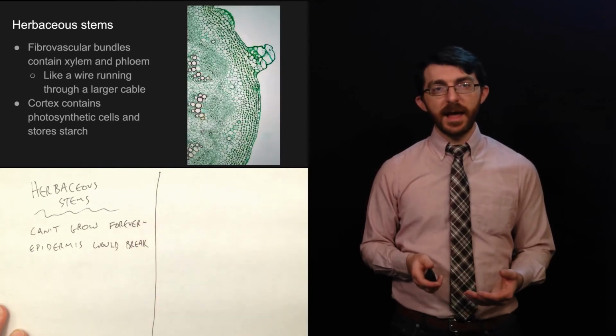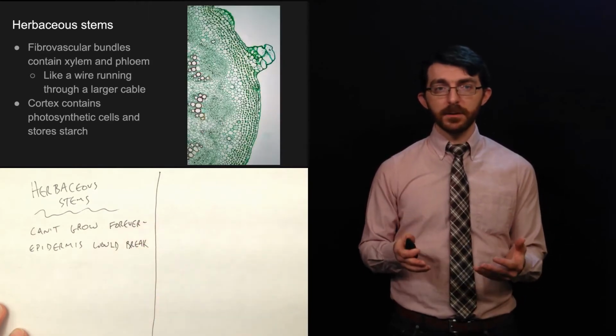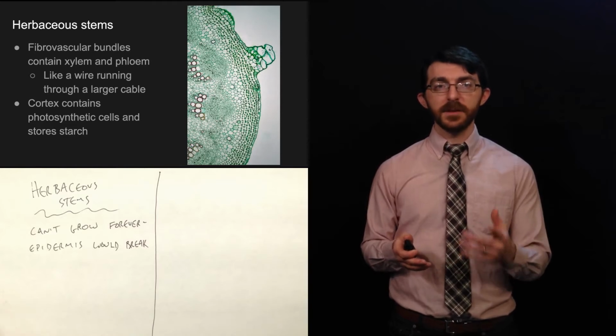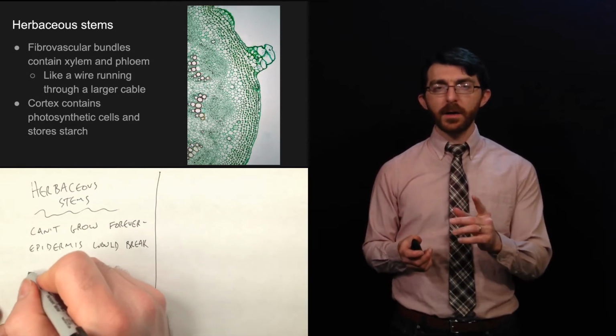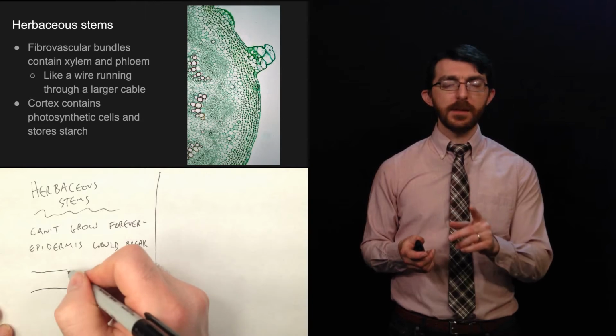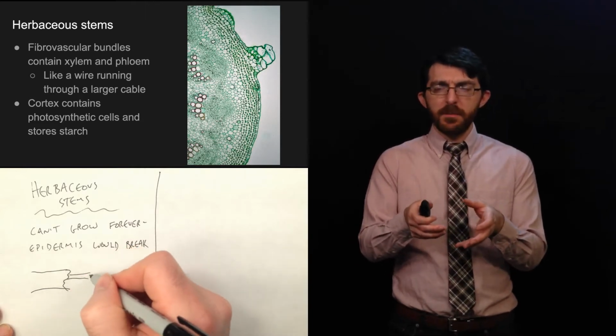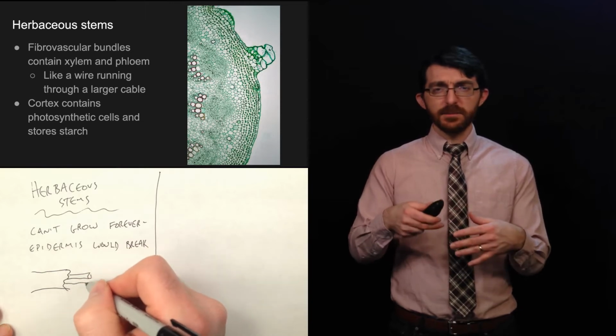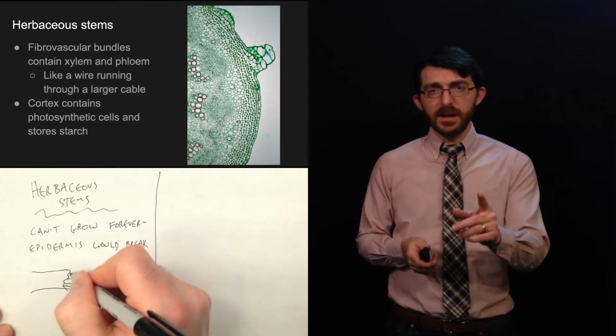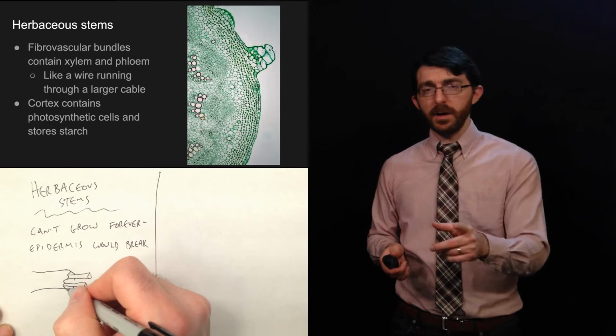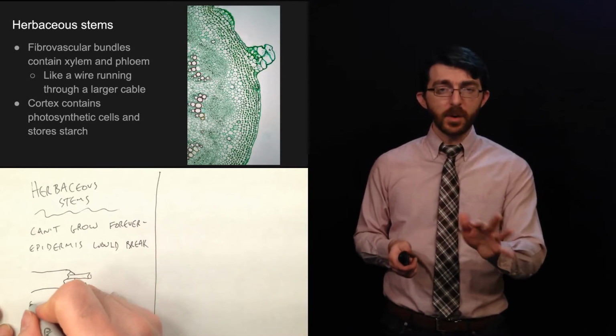Herbaceous stems have fibrovascular bundles that contain xylem and phloem. It's kind of like a wire running through a larger cable. If you've ever had a really large cable, maybe for a big stereo system that's got a video signal running through it and an audio signal running through it, and they're on their own separate wires.